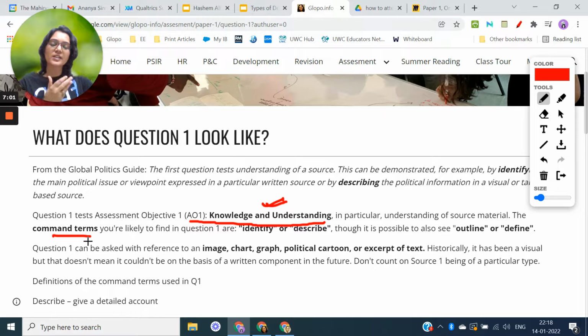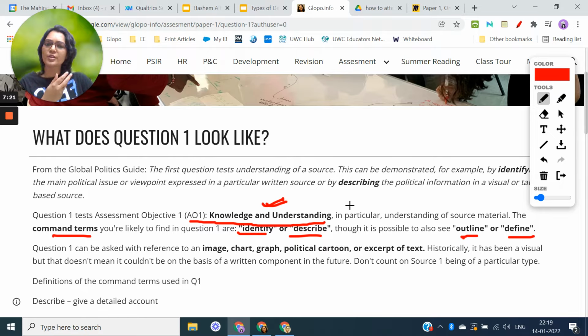Any of these command terms can be used. So for question number 1, the examiner would give you the command term either identify, describe, outline, or define.